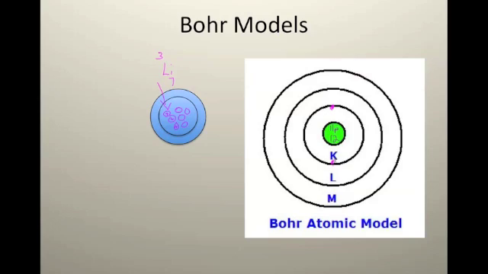You would get to the third shell, the M shell, excuse me. 1, 2, 3, 4, 5, 6, 7, 8, 9, 10 electrons, and you would have the 11th electron in the outermost shell, the M shell. Okay, so that's your general Bohr structure.